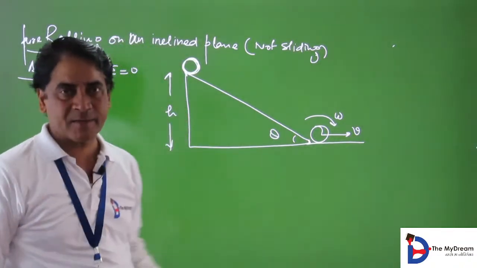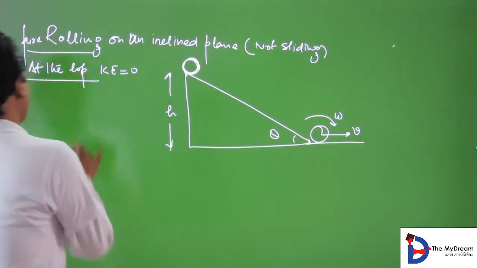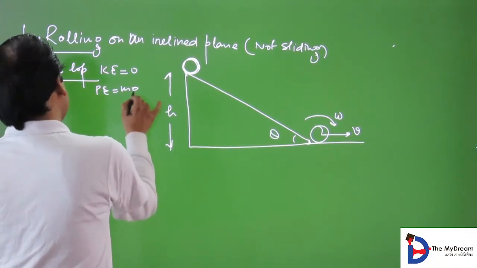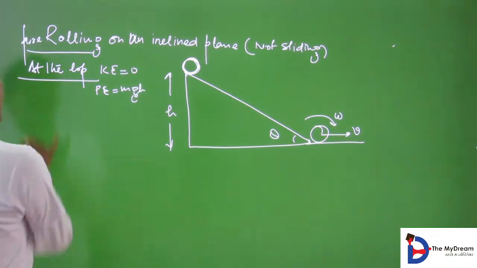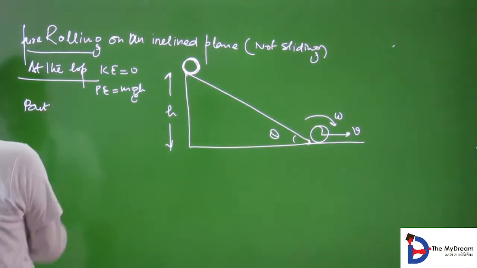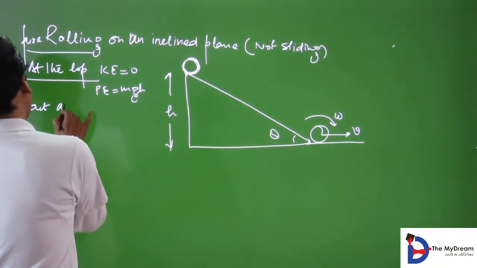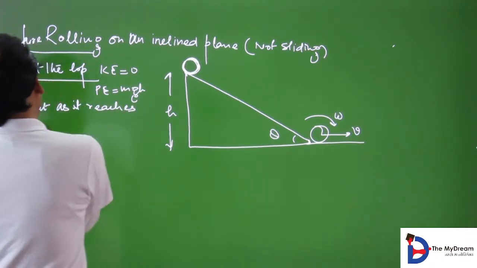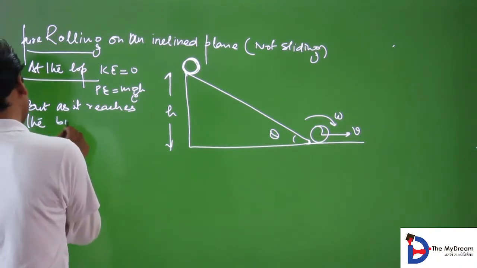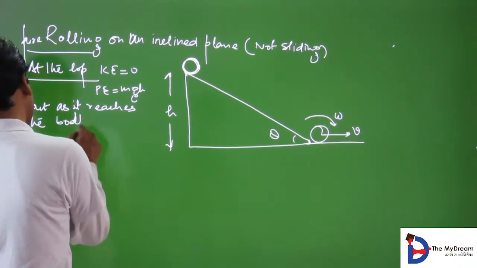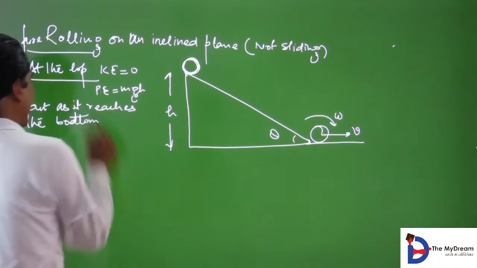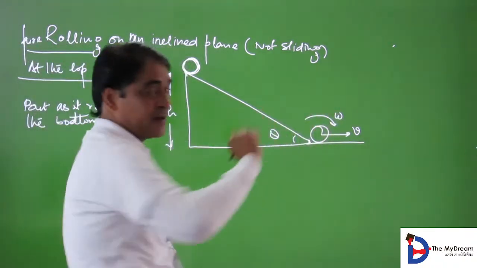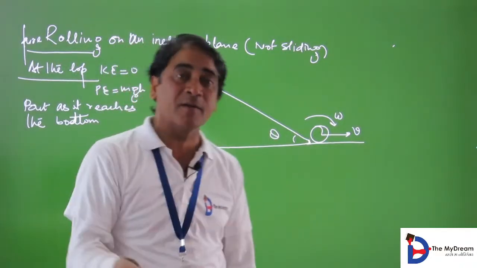Initially that is at rest. And the potential energy is mgh. But as it reaches the bottom, it has linear velocity as well as the angular velocity, both of them.